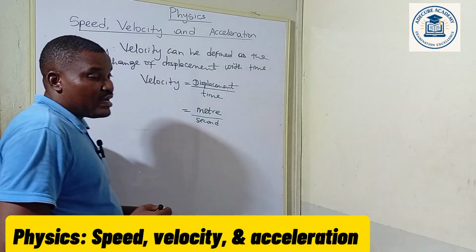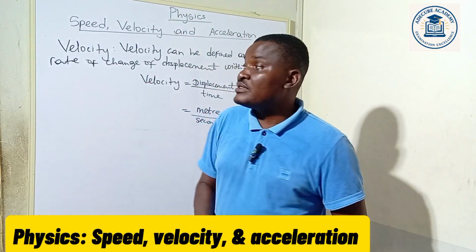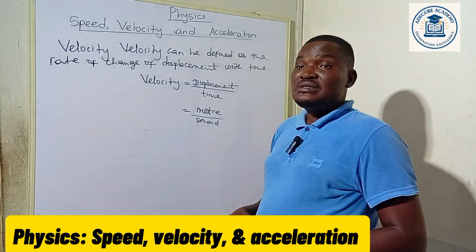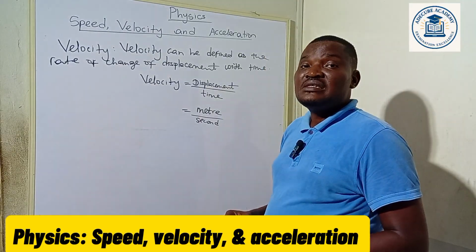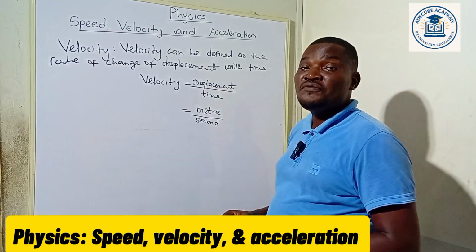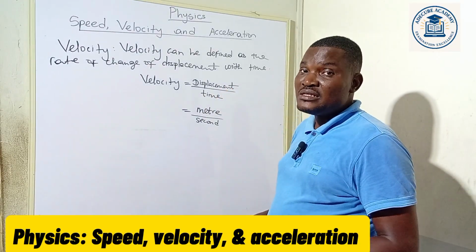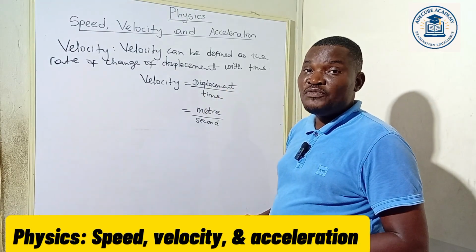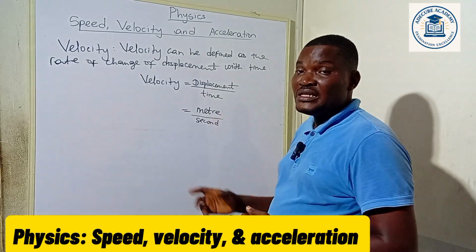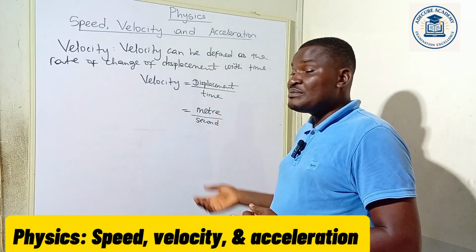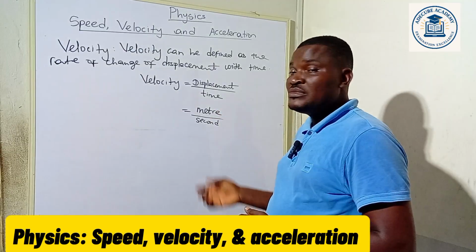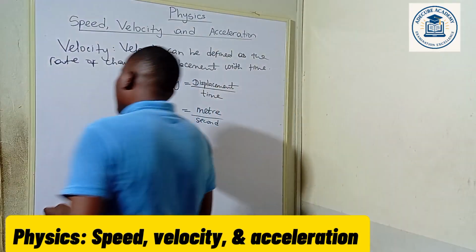In our previous videos, we've done something on displacement, distance, and position, and we've been able to differentiate between displacement and distance. You can check out our previous videos for a better understanding of the difference.